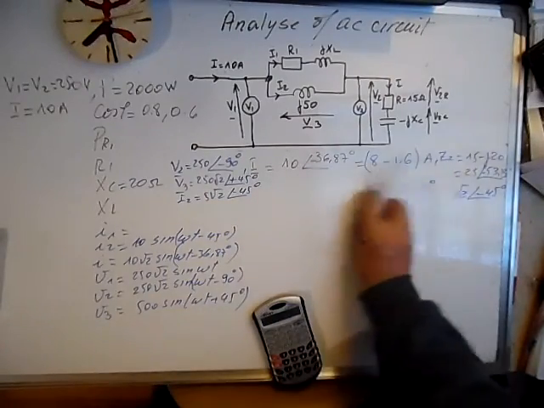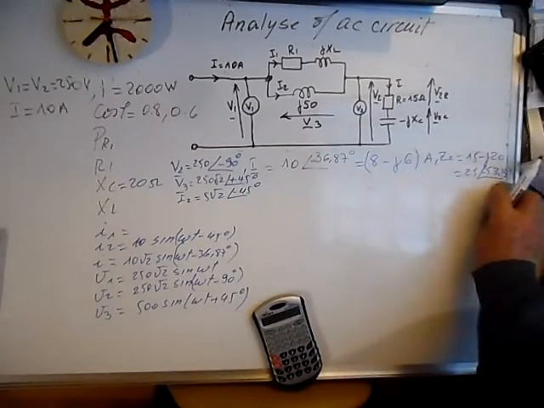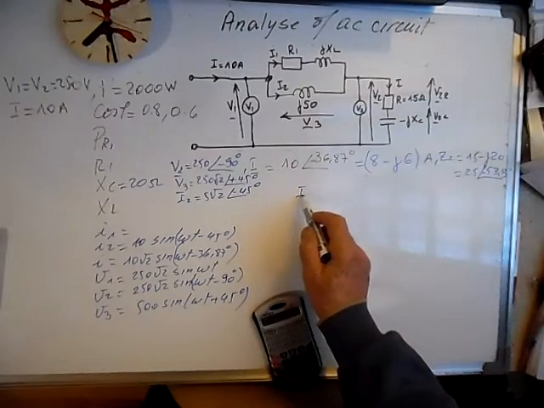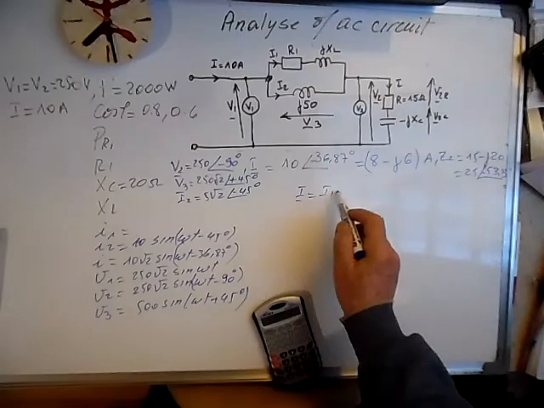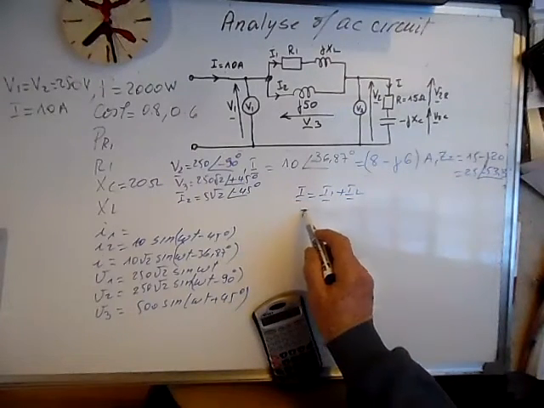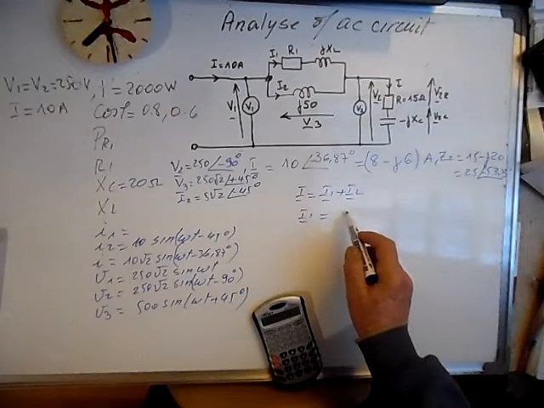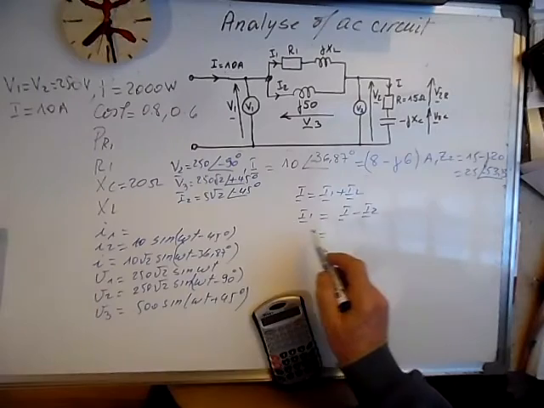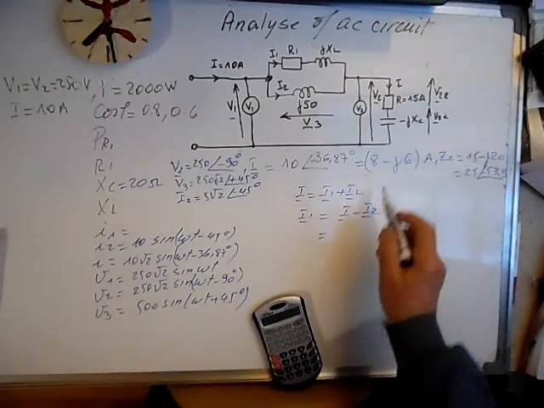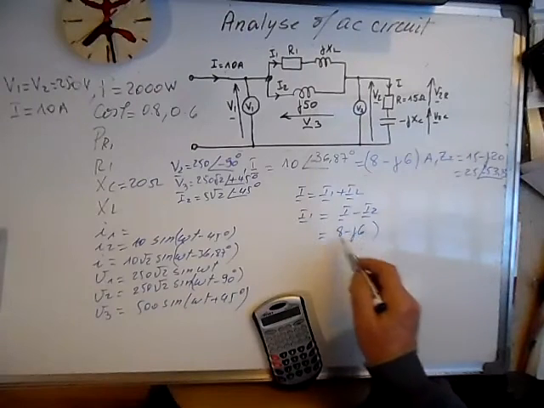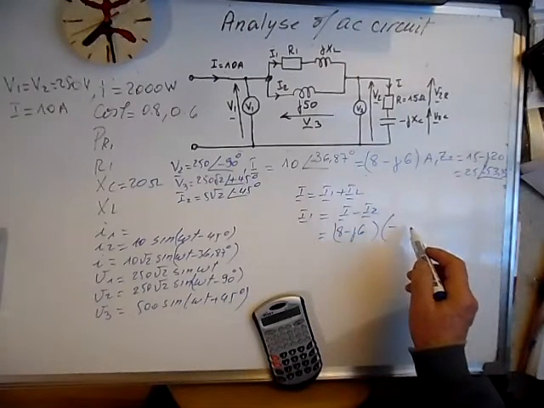Okay, now using Kirchhoff's law we can calculate I1. I is equal to I1 plus I2 complex form, and we need I1. I1 is I minus I2. I we have it here, 8 minus j6 minus I2.